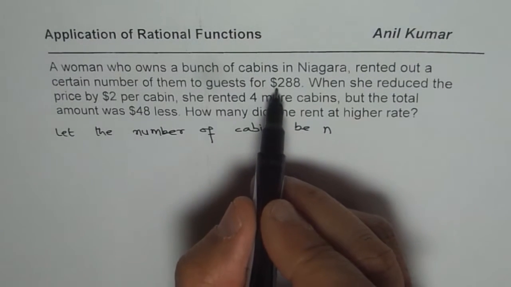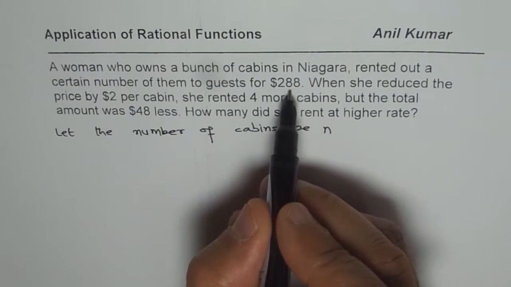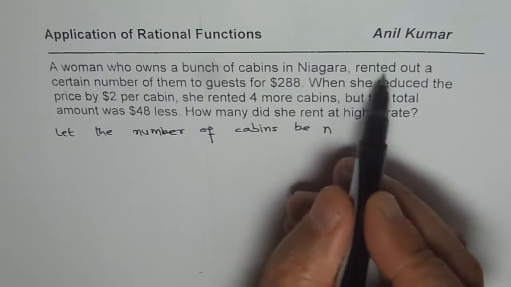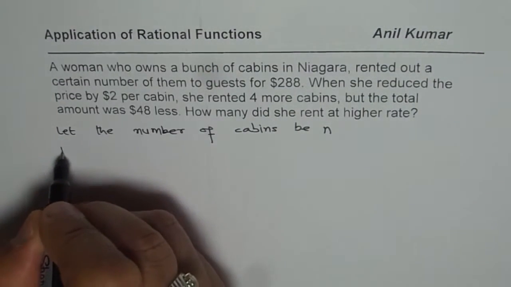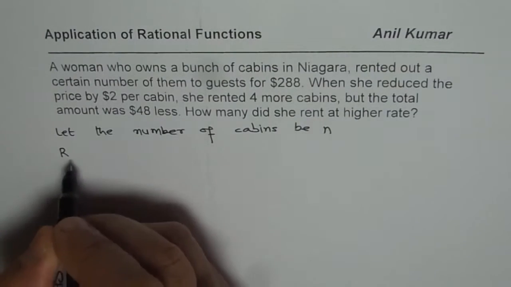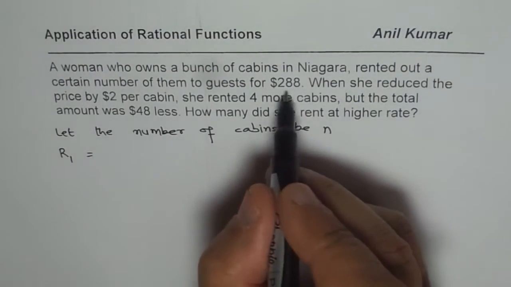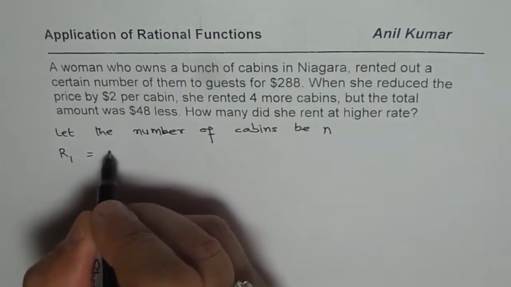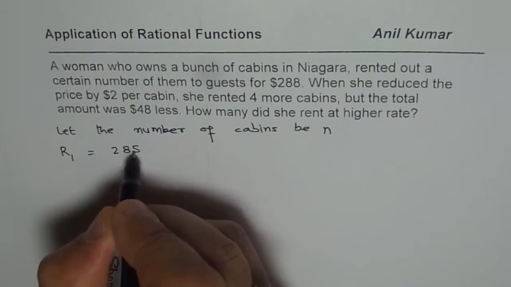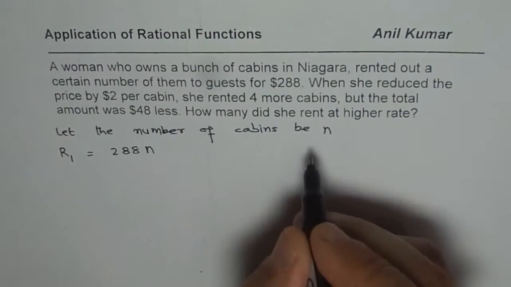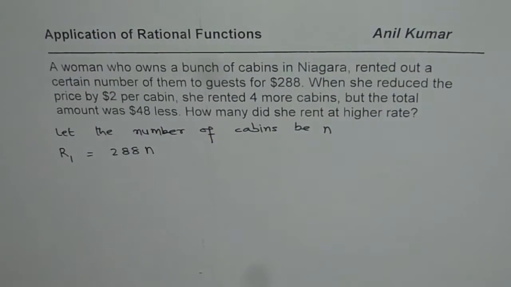Now, if $288 is the rate at which she is renting them out, then revenue for first type of case where initial amount is 288 times n. So it is 288 is the dollar amount times n, the number of cabins rented, right?